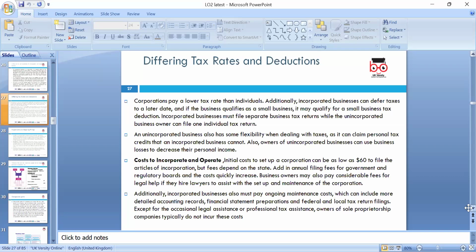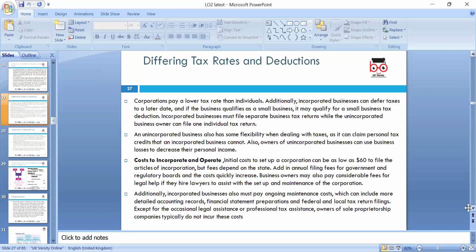Incorporated businesses must file separately, with their own business tax returns, while unincorporated businesses do not. Unincorporated businesses also have some flexibility when dealing with taxes. There can be personal tax credits which incorporated businesses cannot claim.